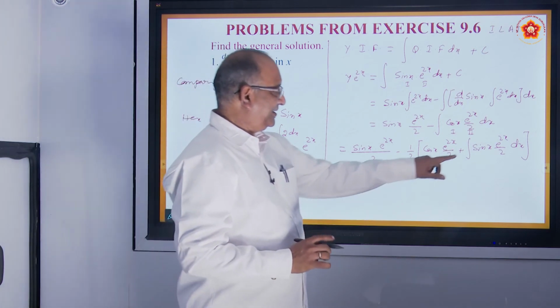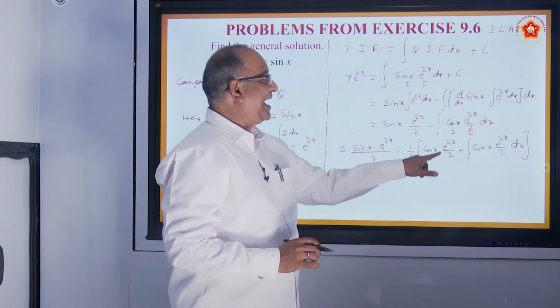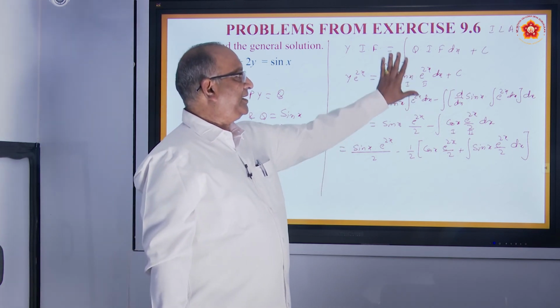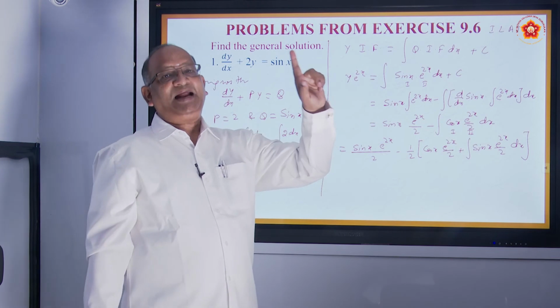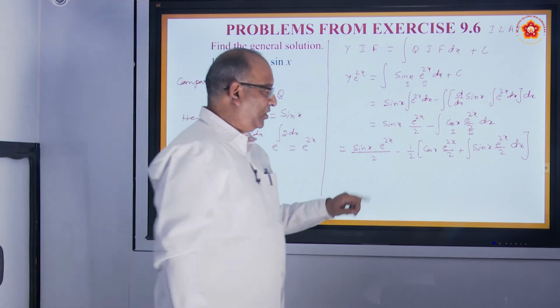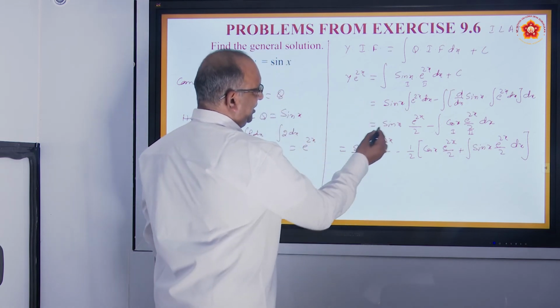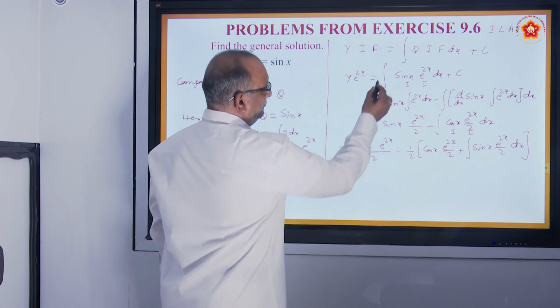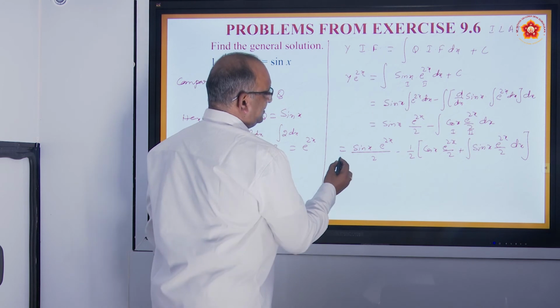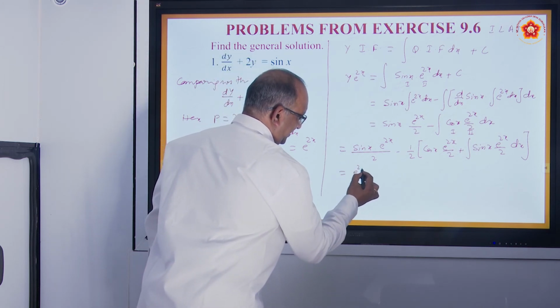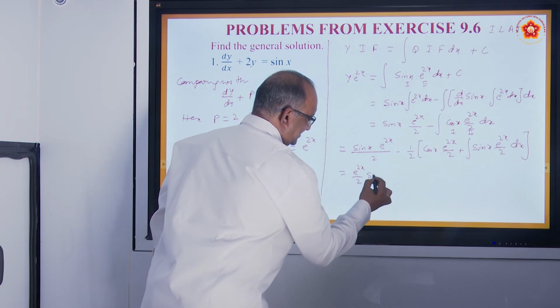So this integral is like I. Sin x e to the power 2x is the original integral, you can call it I. If it is so, if you open this, what are we getting? We are integrating it. So this is e to the power 2x by 2 sin x.